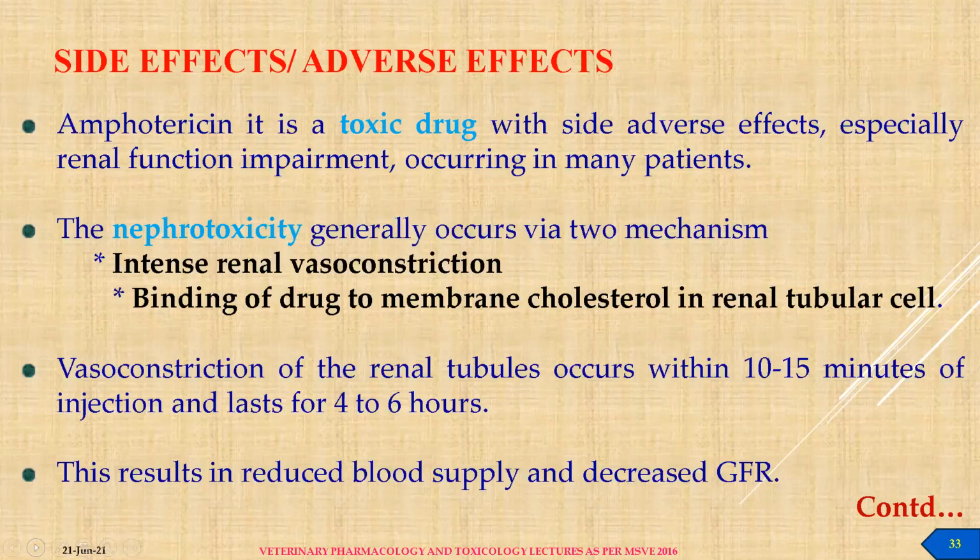This is also the intelligent way of the microorganism: it binds to the membrane cholesterol of the renal tubule, and along with that, it tries to cheat the host cells that it is not a foreign body. Vasoconstriction of the renal vessels occurs within 10 to 15 minutes of the injection and lasts for 4 to 6 months.